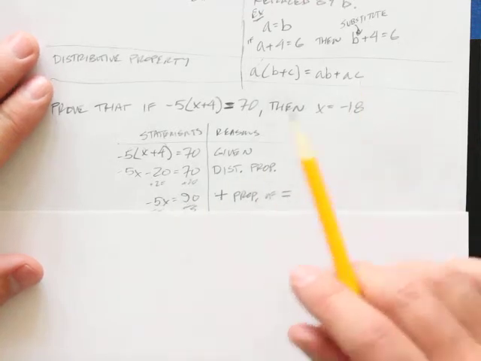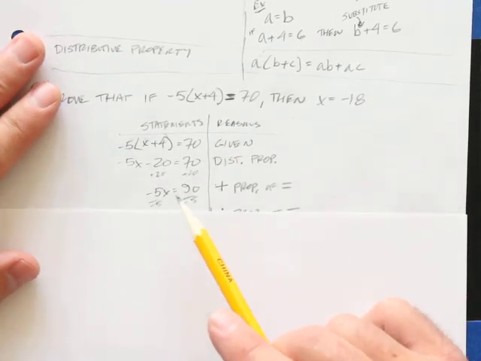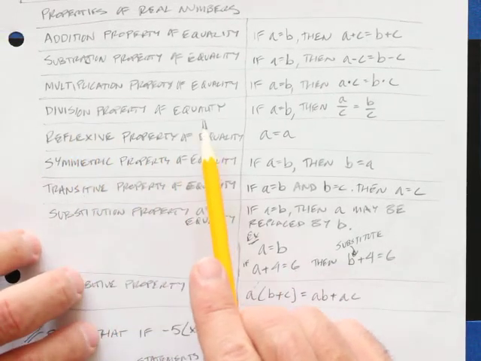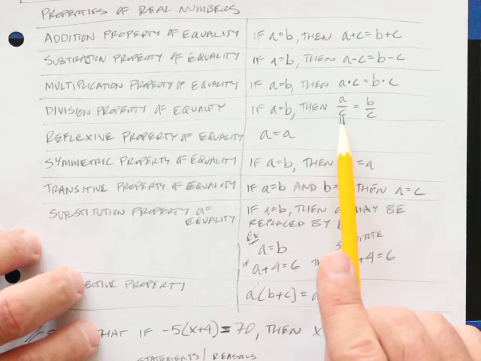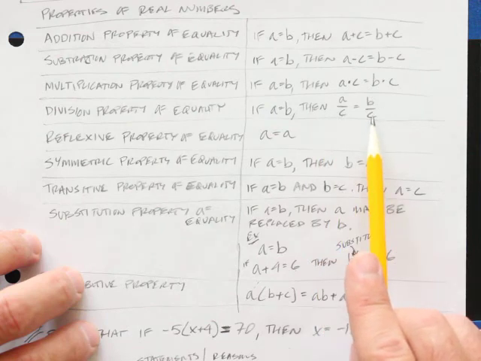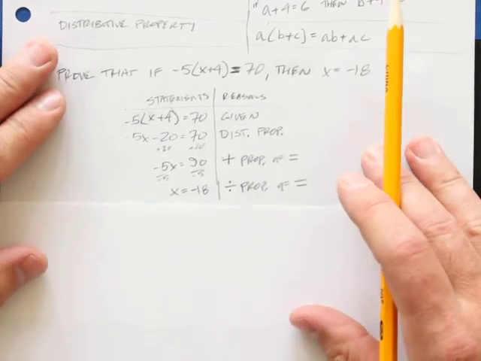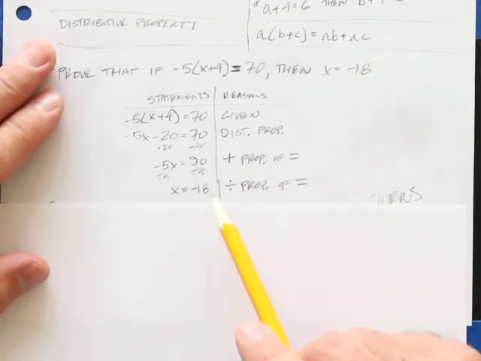Now I'm going to divide by -5. So I divide each side by -5, and if I look back up here, I used the division property of equality. If I divide one side by something, I've got to divide the other side by that same thing. I divided by -5, and so that became x, and that became -18.